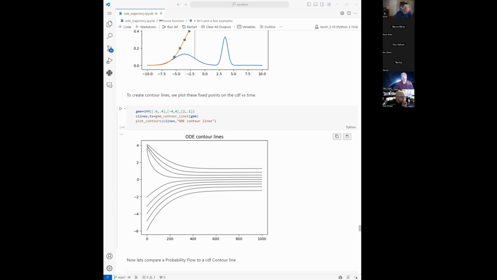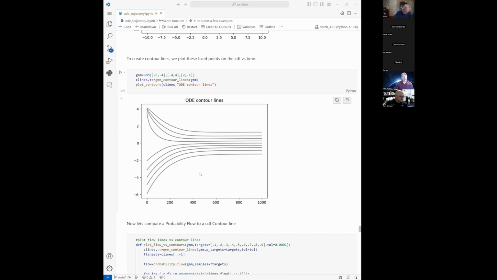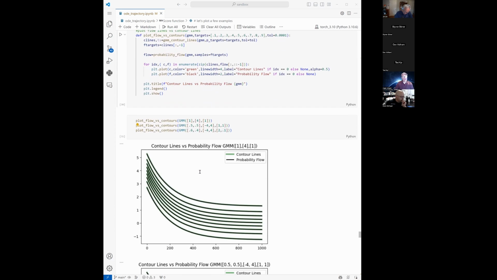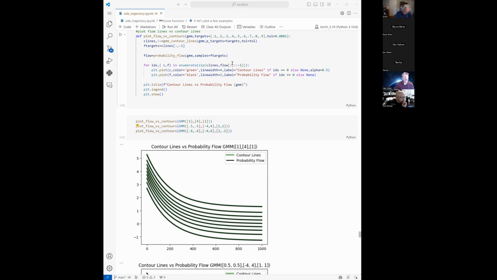Those look kind of similar, in reverse, to the flows that we saw before. So I wanted to compare them. I had to flip the time around to make this work. I flipped the flow stuff around so it could go from 0 to 1000 also.